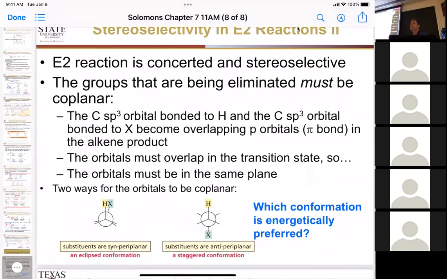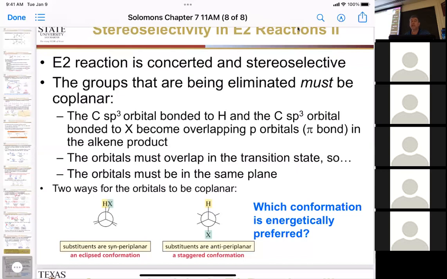Well, because it's a concerted reaction, we have our transition state where we want to have the base pulling off our hydrogen, those electrons kicking in, and then the electrons that are going to kick out have to be anti to the electrons coming in. It makes it more stable.